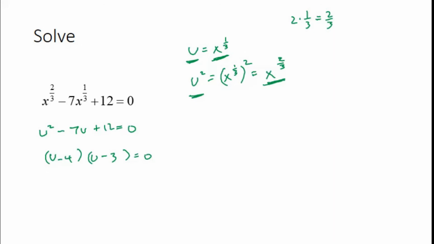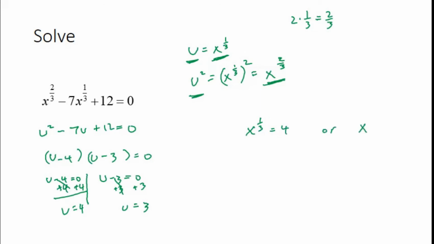So if we solve for either side by setting either factor equal to 0 using the zero product property, that means that u can either be 3 or u can be 4. So in other words, either x to the 1/3 is 4 or x to the 1/3 is 3.